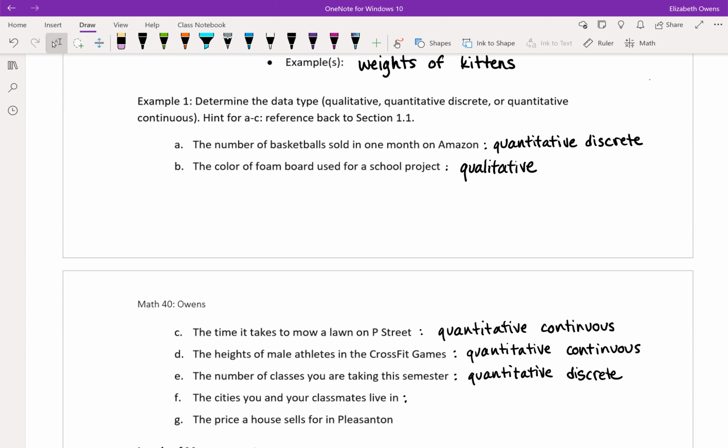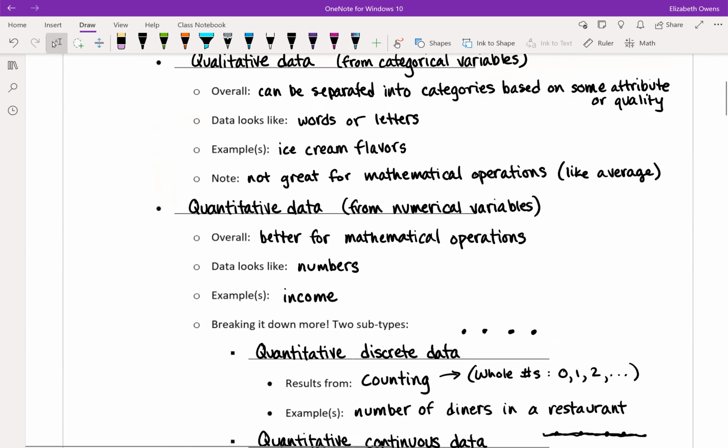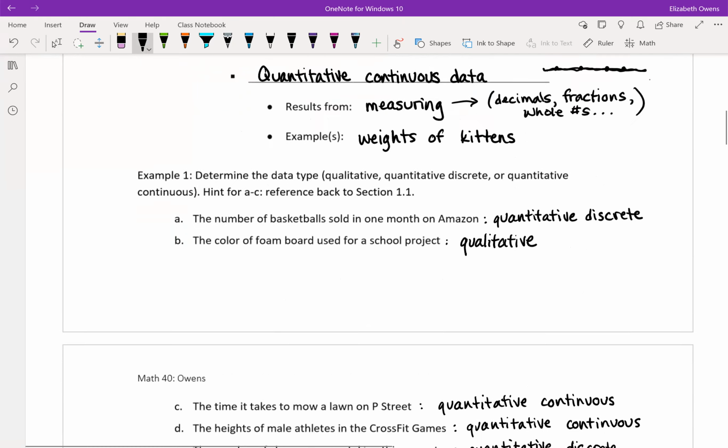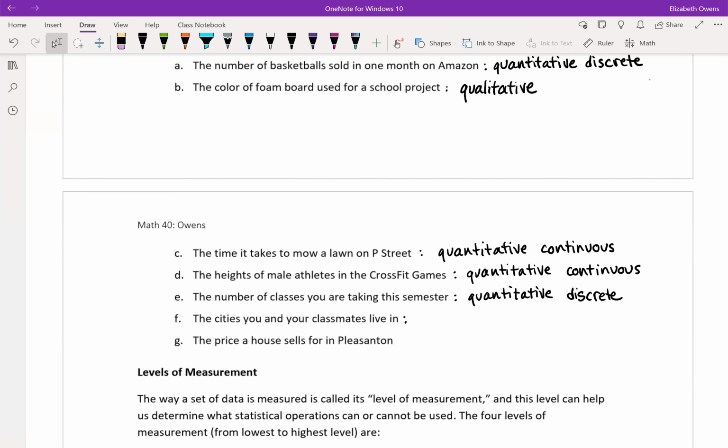But we're collecting city names for our data points. So this is going to be qualitative data, right? Our category is the city that we live in.